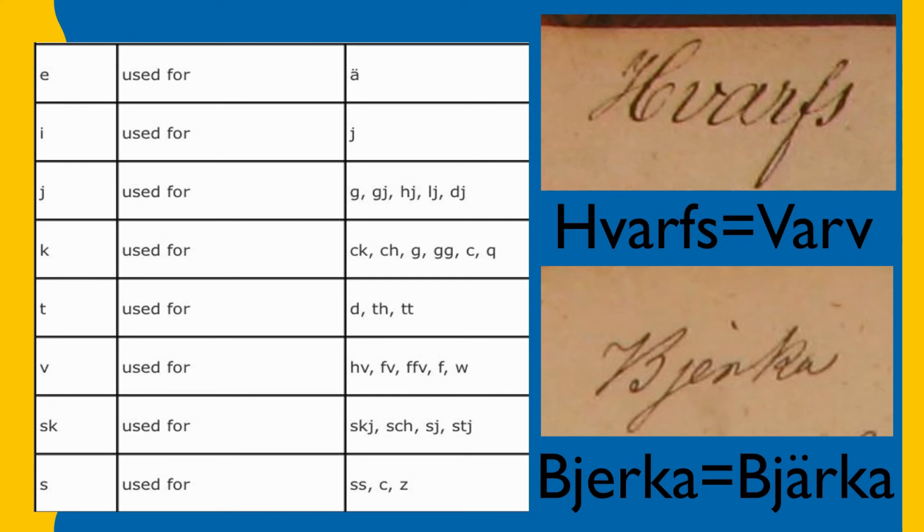There are a few things that are more important to know if they're spelled differently. One is the name of the parish, so you can translate between how the minister spelled it and how it is spelled nowadays. The same goes for the neighborhoods, villages, farms, whatever you want to call those places.